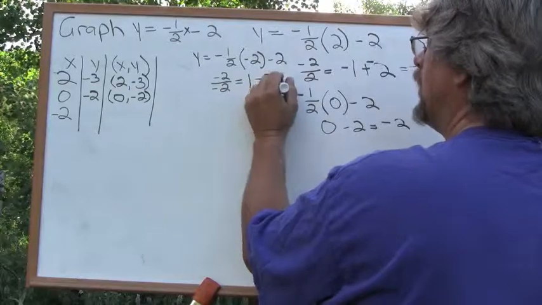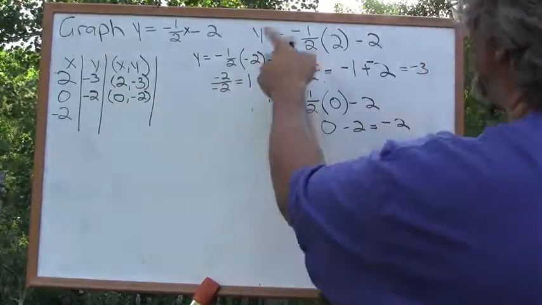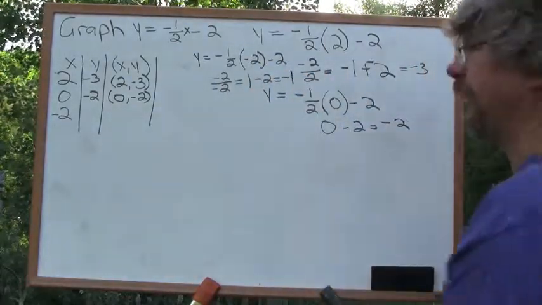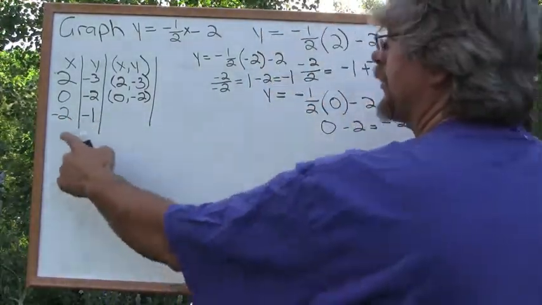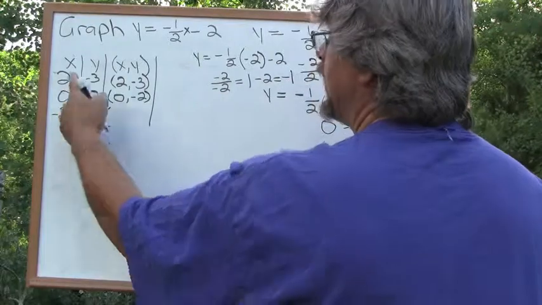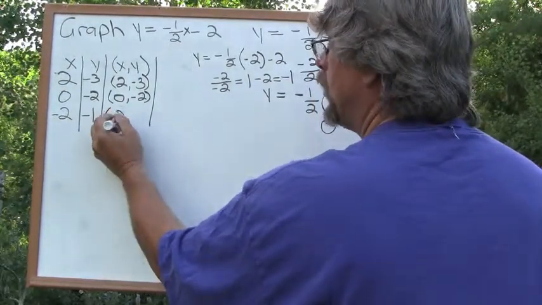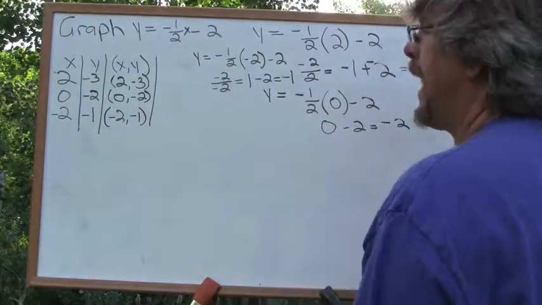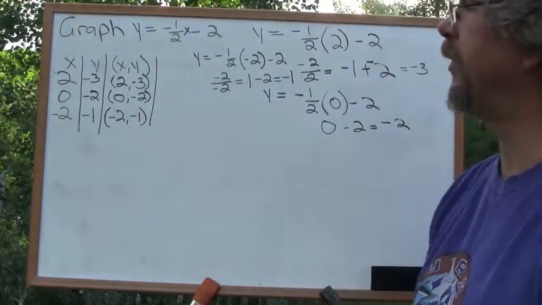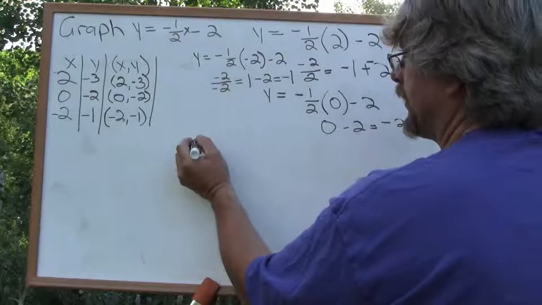Minus 2 equals negative 1. Sorry, I didn't mean to get that all muddled up there, but I'm just trying to find y because I need to graph it down here. So our next coordinate point is when x is negative 2, y is negative 1. Now we have 3 pairs of coordinate points that we can graph on the Cartesian coordinate system.